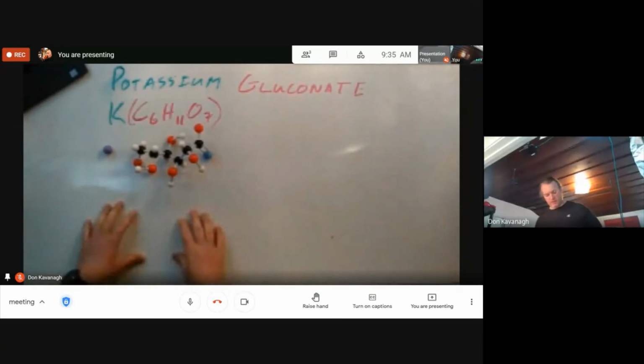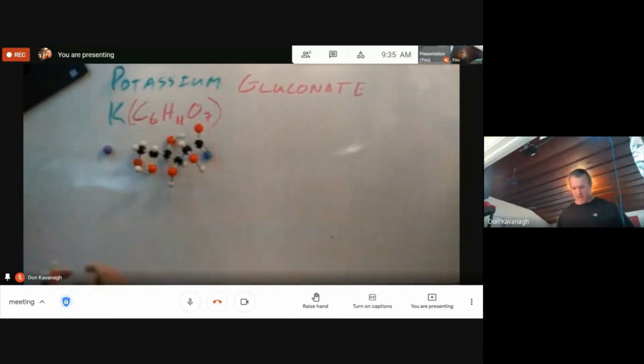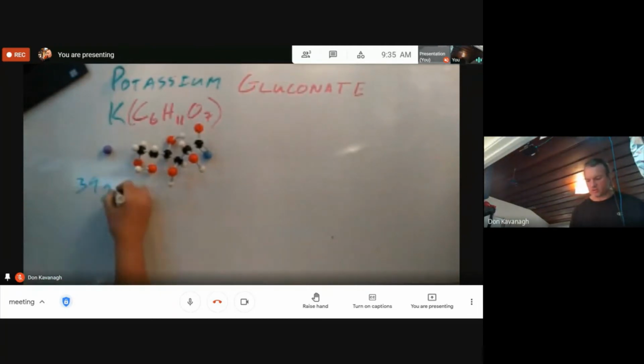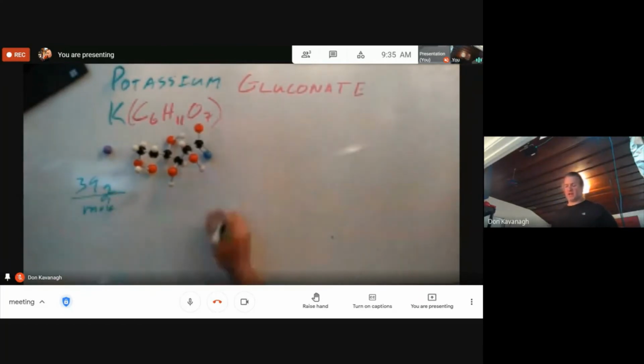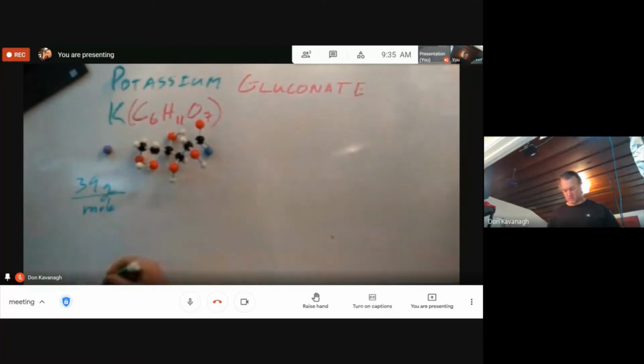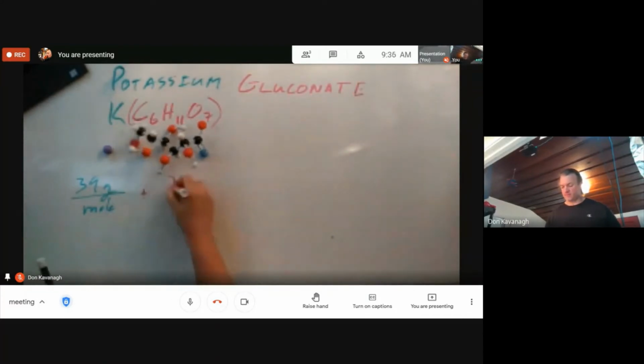So individually, the potassium has a molecular weight of 39 grams per mole, just got that off the periodic table. And then when you add up C6H11O7, you get 196 grams per mole, thereabout.